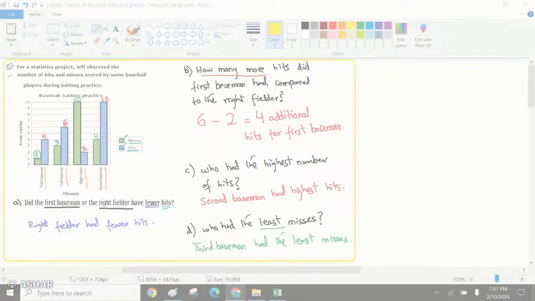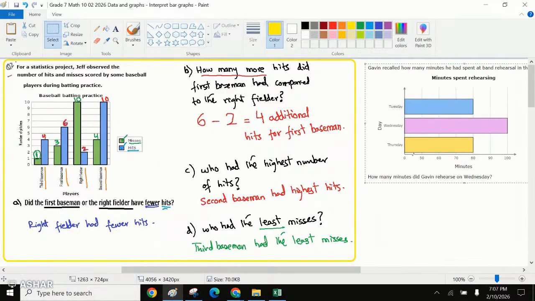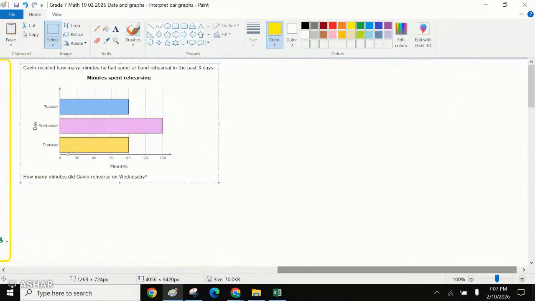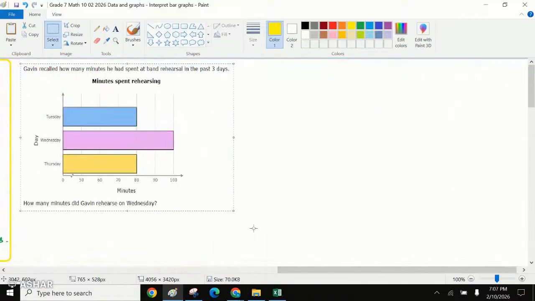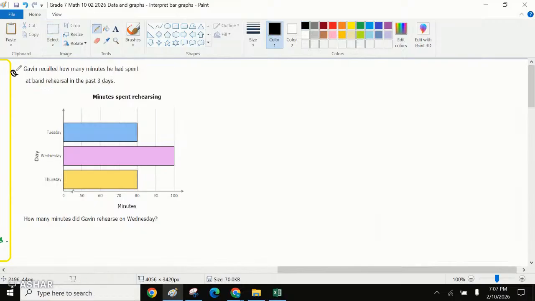Gavin is doing band rehearsal for question number 3. This is our question number 3. It shows us that Gavin recalled how many minutes he had spent at band rehearsal in the past 3 days.